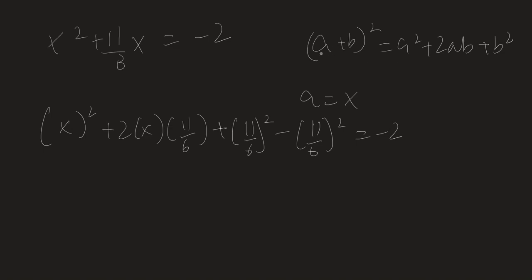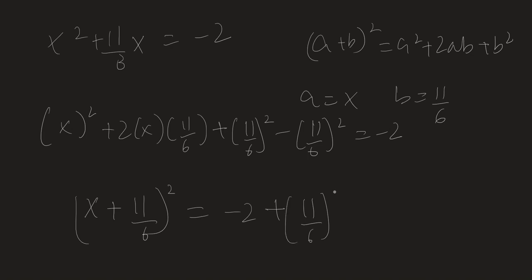Now we're going to write it in the form of (a plus b) whole square. Our a is x, our b is 11 over 6. So (x plus 11 over 6) whole square. We're going to take minus (11 over 6) whole square to the other side. So minus 2 plus (11 over 6) whole square.